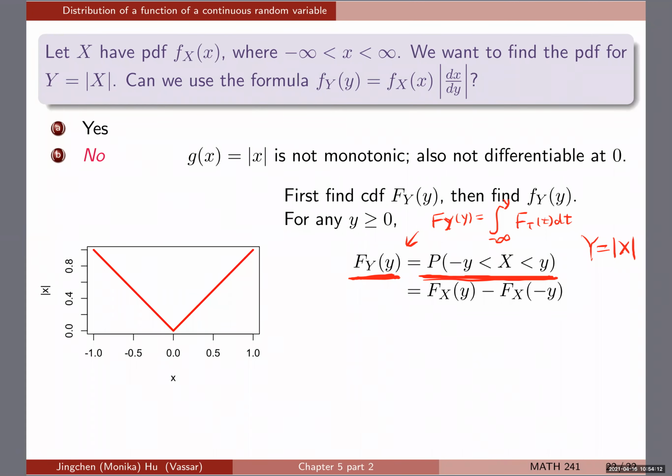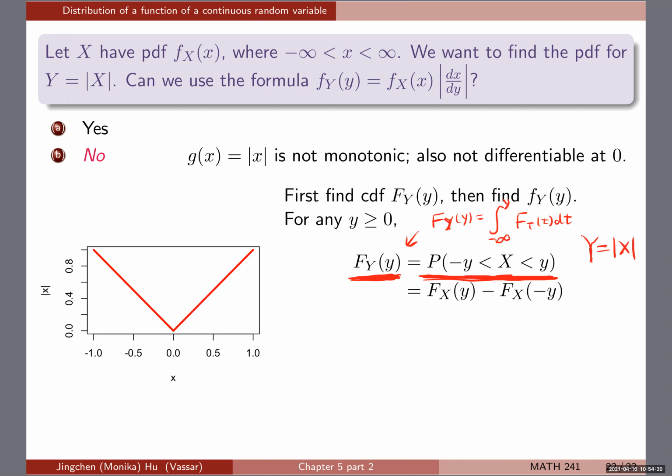So if I'm trying to find this probability, the CDF of Y, it is equivalent to figuring out the probability of X being between negative y and positive y.